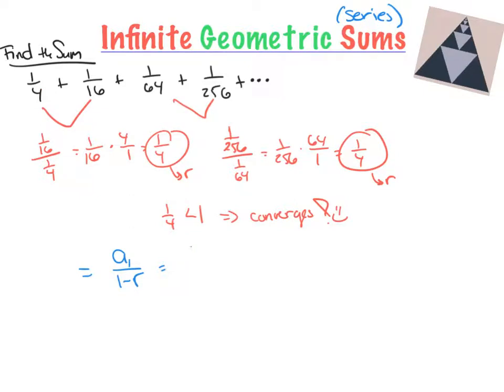So first term is 1/4, or happens to be the same number, also 1/4. So again, a little bit of arithmetic here. 1 minus 1/4 is 3/4. So 1/4 divided by 3/4 is the same thing as 1/4 times 4/3. And when we reduce that, we get 1/3.